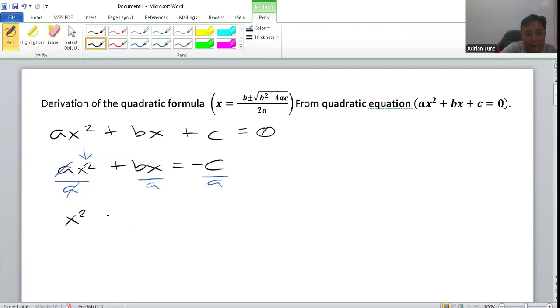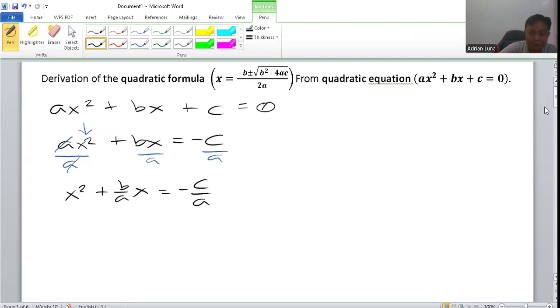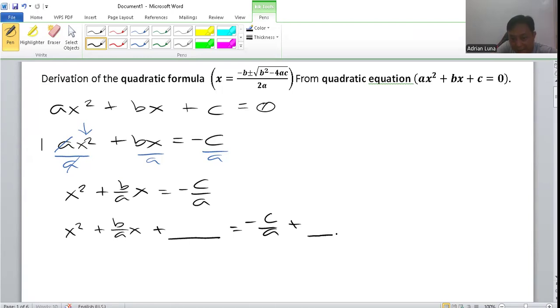We have x squared plus b over a x is equals to negative c over a. And pag nag-complete tayo ng square, maglalaan tayo ng space dito, plus blank is equals to negative c over a. Kung anong idadagdag sa kaliwang side of the equal sign, siya ring idadagdag sa kanan para maging balanse.